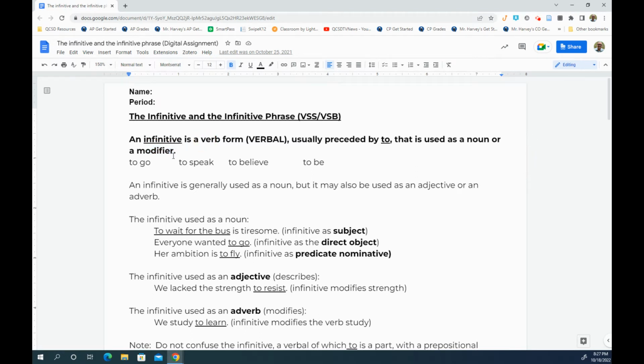Infinitives are easy to identify because they are preceded by the word to and then a verb. So to go, that would be the infinitive of go. To speak, the infinitive of speak. To believe, or to be. They're all infinitives. So an infinitive is generally used as a noun, but it may, as I said, be used as an adjective or an adverb.